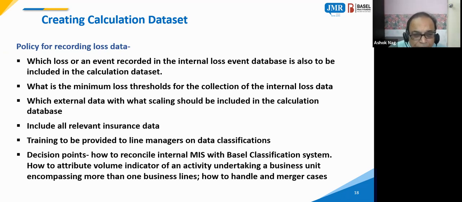It's an important issue. Then include all relevant insurance data, because ultimately it is not only loss. After a loss, what recovery I can make is an important part. When I as a banker do business, I have to be prepared to accept certain losses, because I am an intermediary.